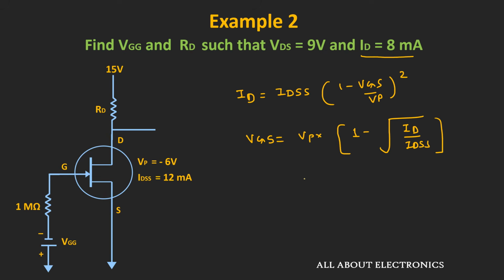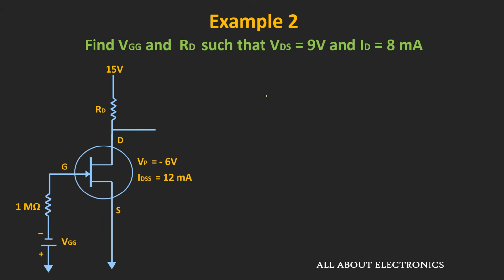Now here the value of voltage VP is equal to minus 6 volt, while the value of current ID is equal to 8 milliampere, and the IDSS for the given circuit is equal to 12 milliampere. So if we solve this expression, then the value of voltage VGS will come around as minus 1.1 volt. Now we know that the voltage VGS is equal to minus VGG.